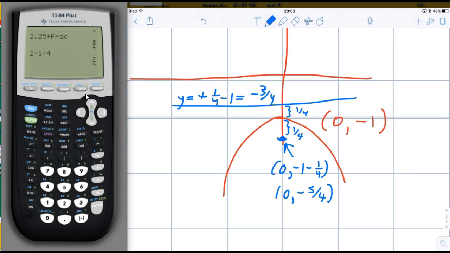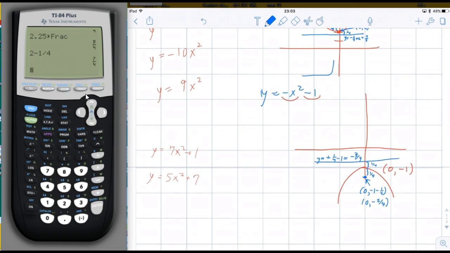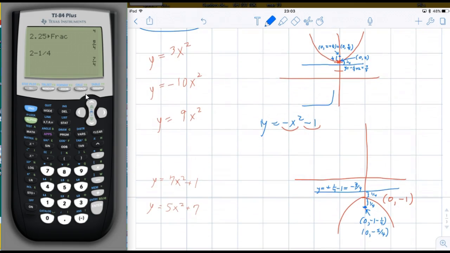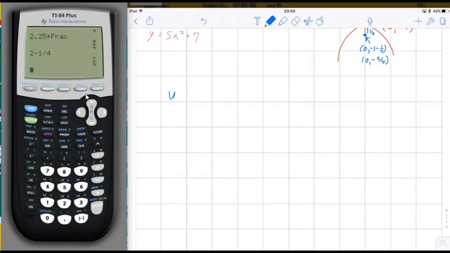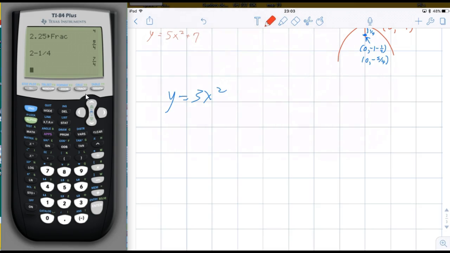Okay? Let's try to do a couple that are slightly more difficult, like this one here, y equals 3x squared. Y equals 3x squared is not a parent function. It is transformed, right?